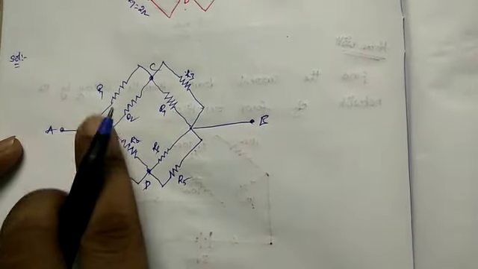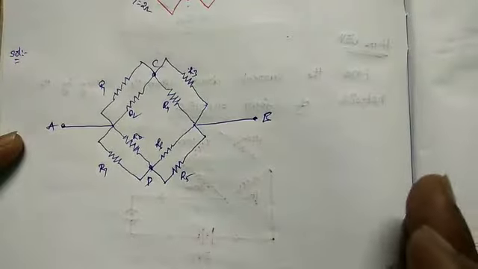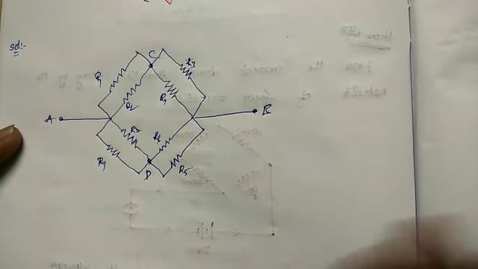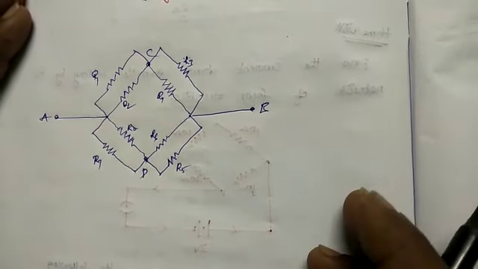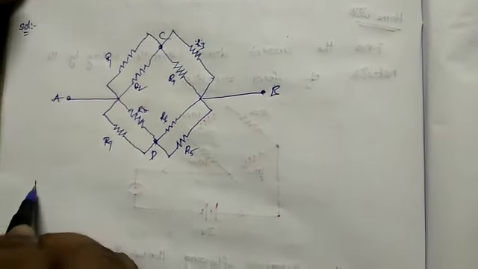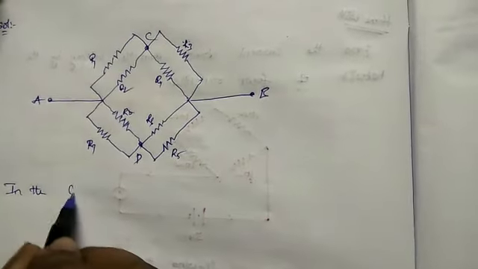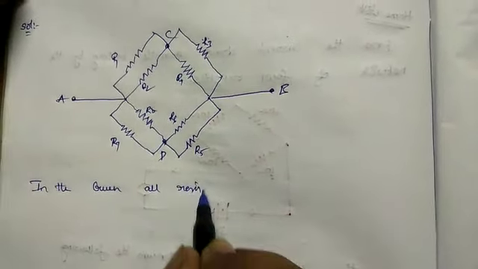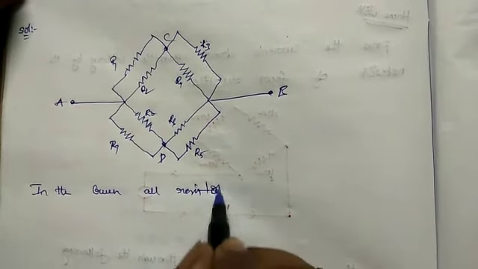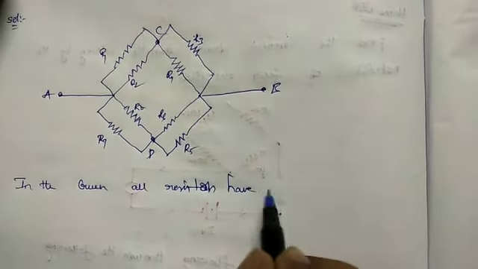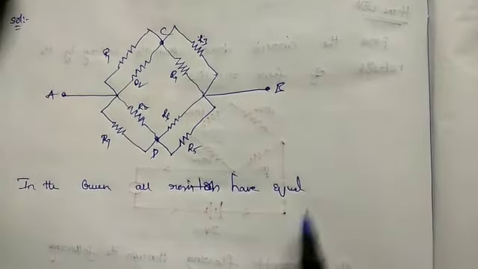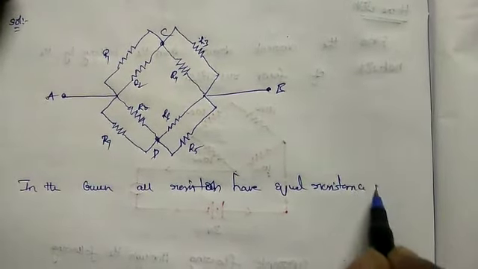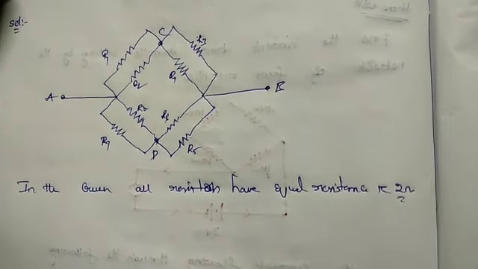That means R1 equals R2 equals R3 equals R4 equals R5 equals R6 equals R7 equals R8 equals 2 ohms. In the given circuit, all resistors have equal resistance, that is, 2 ohms.